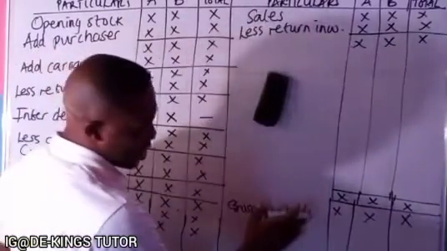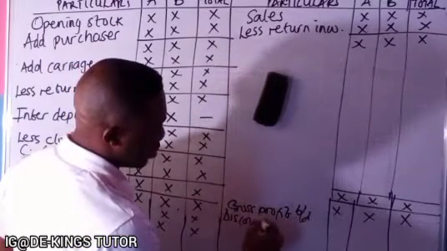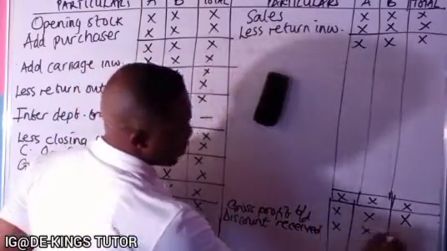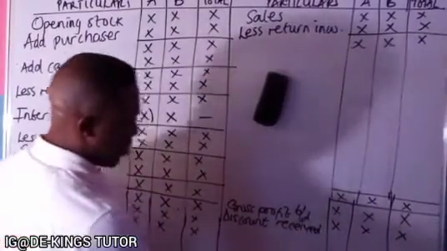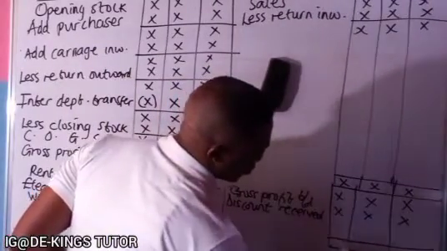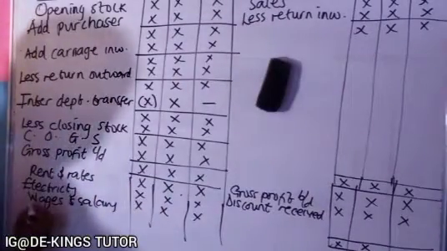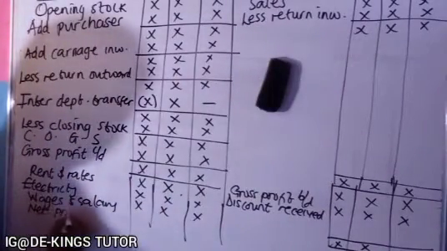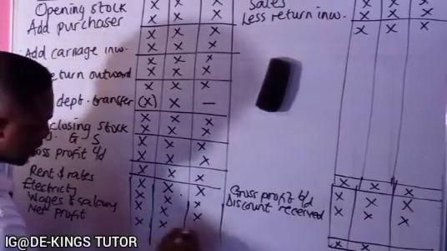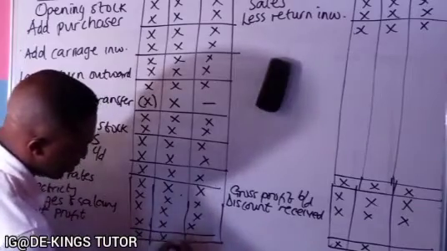Now also other income comes here. We can also have discount received. It comes here. So when you add up, if our income is greater than the expenses, we'll now have a net profit. So you have a net profit that will be here, such that when you add together, it will give us this.